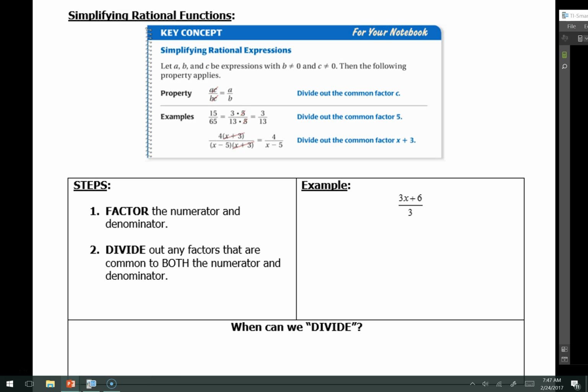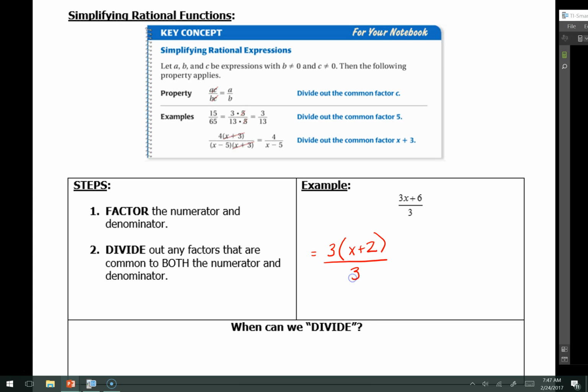When you are asked to simplify a rational function, we're going to factor both the numerator and the denominator, and then we're going to do any dividing that we're able to do. So if we look at this example, the numerator says 3x plus 6. This has a GCF of 3, so my first step is going to be to factor out that GCF of 3.